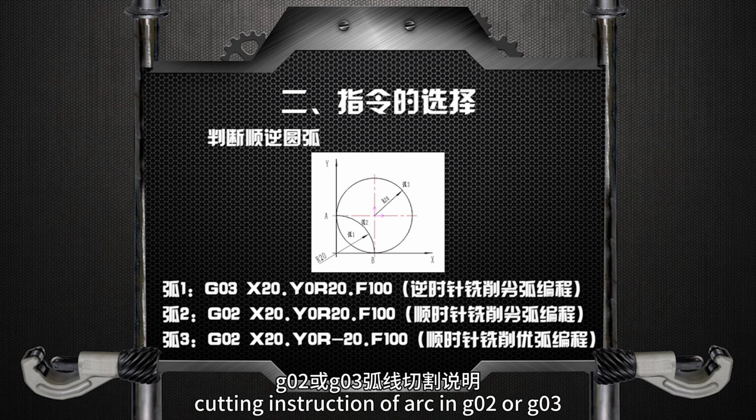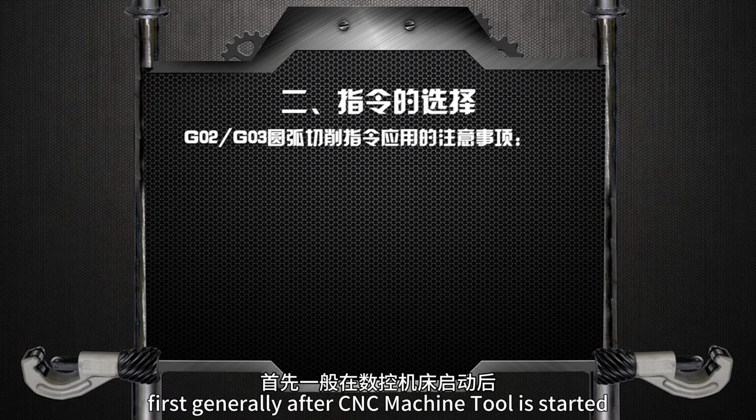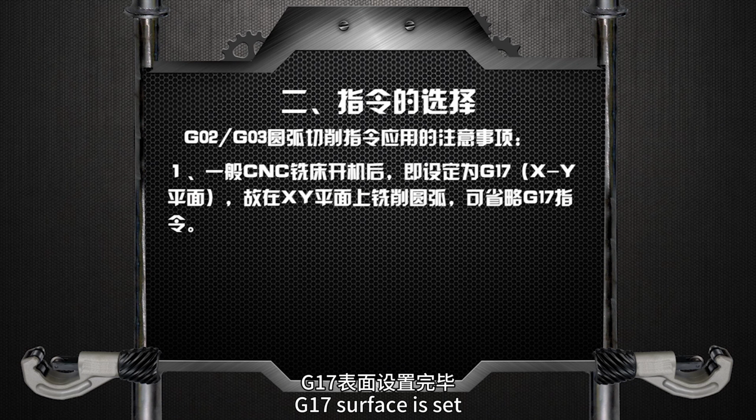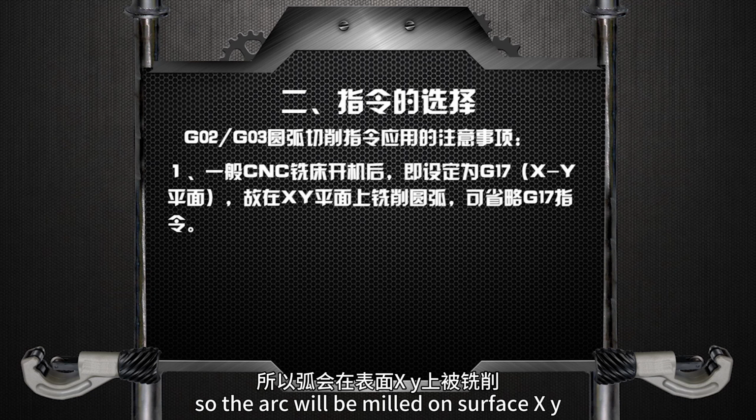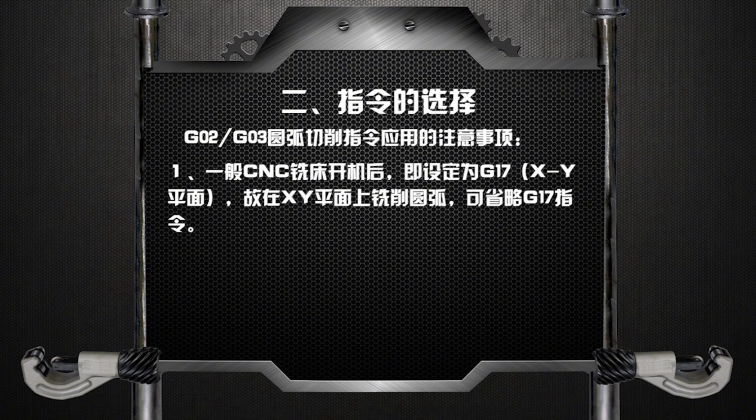Cutting instruction of arc in G02 or G03. Note that, first, generally, after CNC machine tool is started, G17 surface is set, so the arc will be milled on surface XY, and instruction G17 can be ignored.